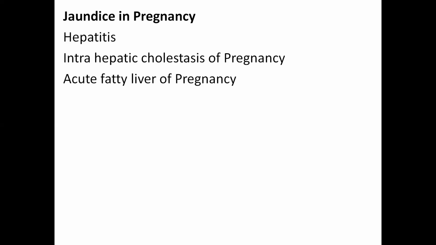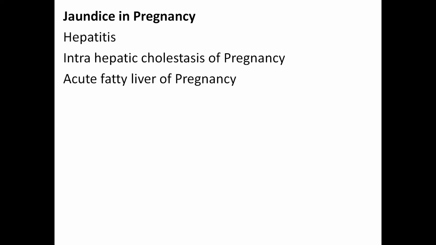Ultrasound will show a bright liver. Biopsy is not usually done, but if it is done, it will show microvesicular steatosis. If 6 of these 14 features are present, then there is a high likelihood of acute fatty liver of pregnancy.